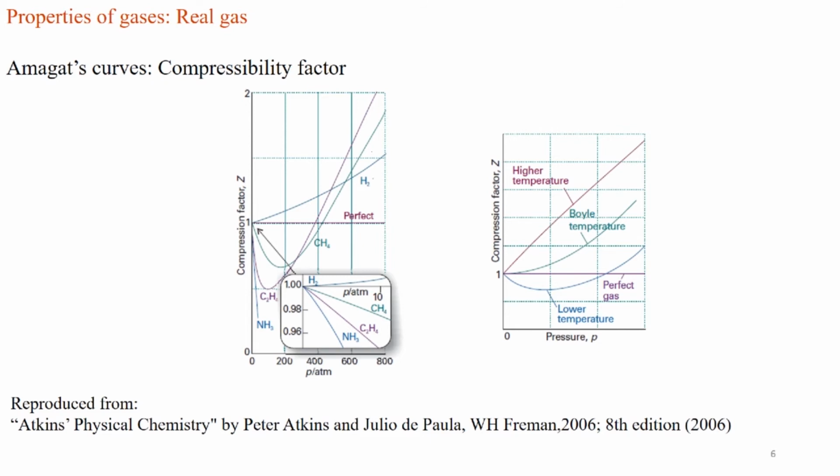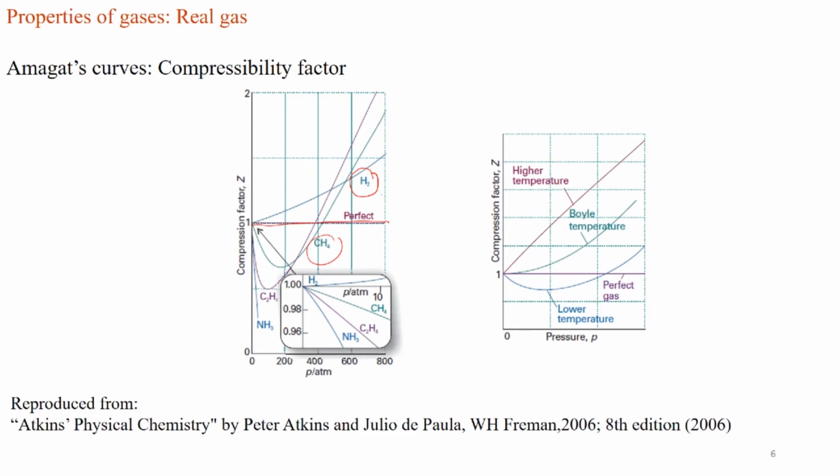You see for hydrogen, the slope is always positive. All data were taken at 0 degree centigrade or 273.15 Kelvin. However, for methane, there is a dip followed by a rise, and the horizontal straight line shown here denotes an ideal gas or a perfect gas.